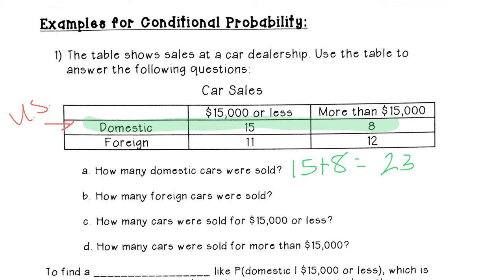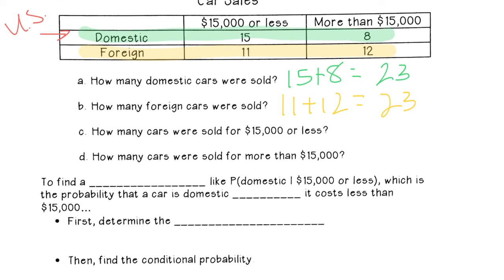Then in letter B, it says how many foreign cars were sold. So I'm going to look in the foreign column, and that has 11 plus 12. And 11 plus 12 is also 23. So both types of cars are split evenly. Both have 23.